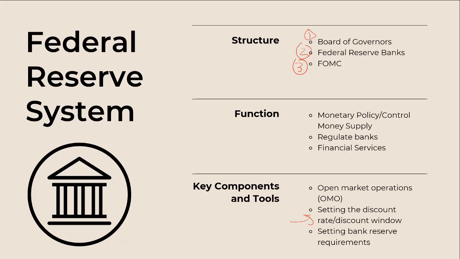And then the third major lever they have is setting bank reserve requirements. So basically, when a bank takes your money, you put deposits. It's not just holding that money; it's going to re-lend to someone who's looking for a loan.